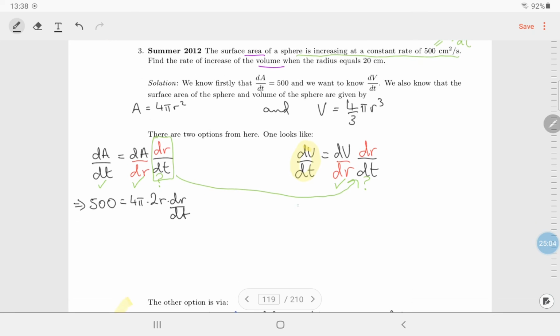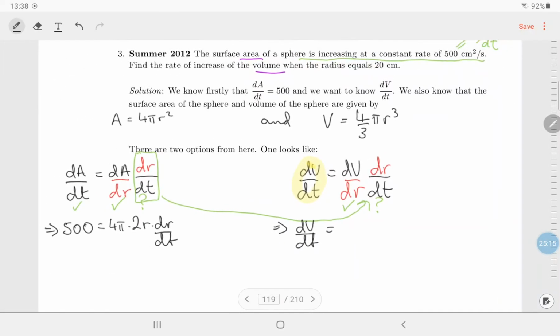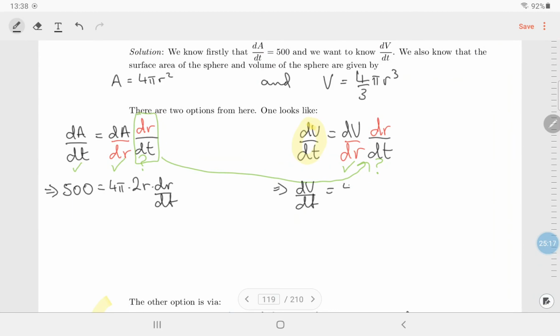And over on the left-hand side, I can write dV/dt, which is what I'm really looking for, is equal to dV/dr. So I need to differentiate volume with respect to radius. So I'm differentiating this 4/3 pi r cubed. I'll fix the constant 4/3 pi, and the derivative of r cubed is 3r squared, times the dr/dt that I don't actually know.